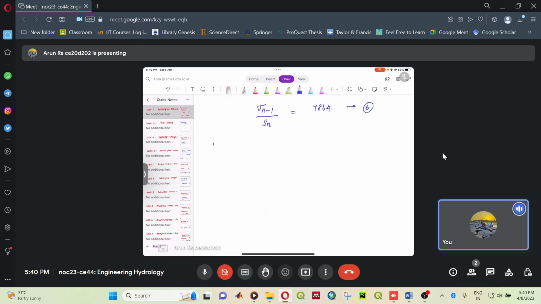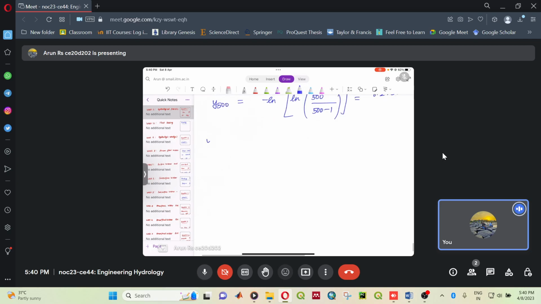Now we can find what is y500, since we need to find out the magnitude of the event. This is equal to 6.2136.